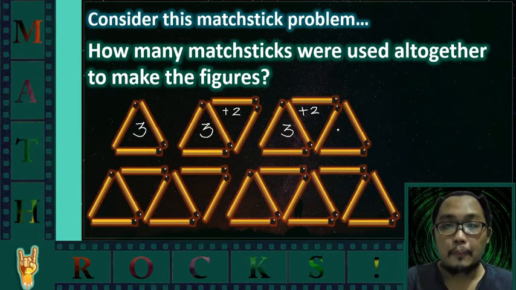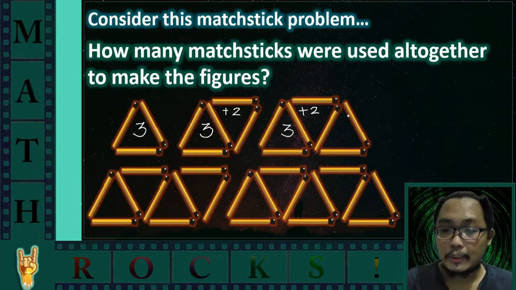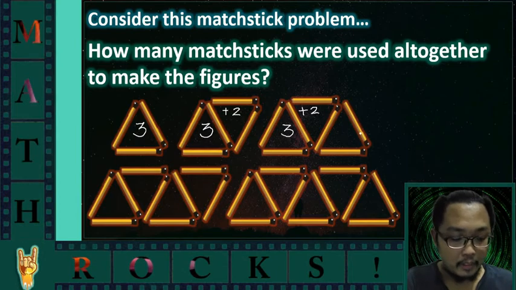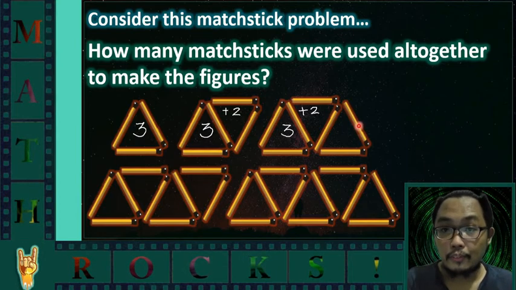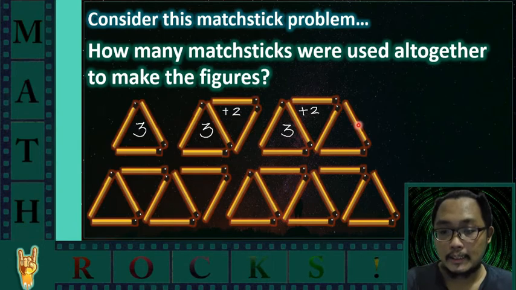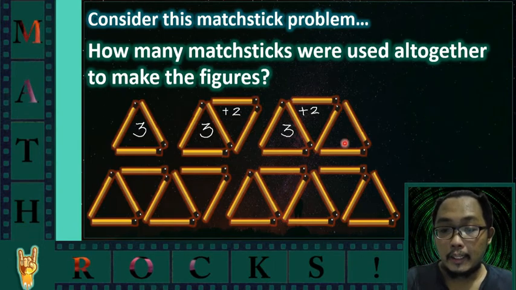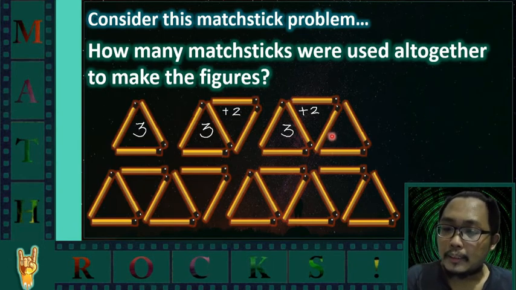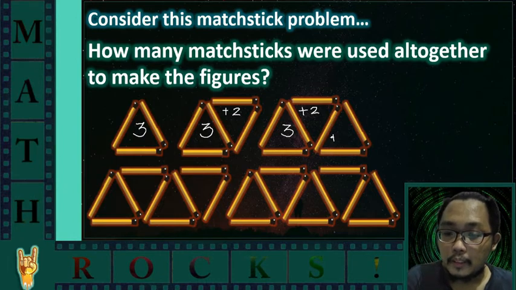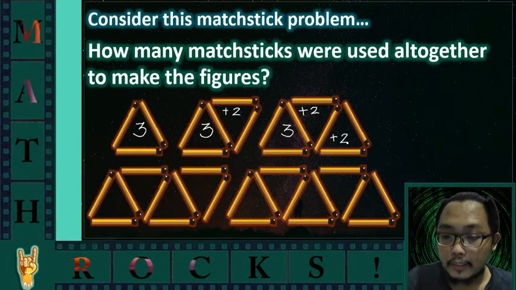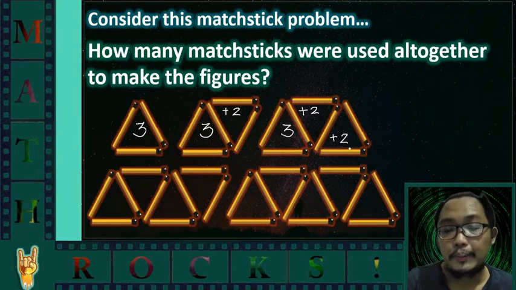Now, to come up with the total number of matchsticks used for this specific figure, we merely have to count the additional matchsticks. And we have 1 and 2. So let us write that we only need 2 additional matchsticks for this figure.